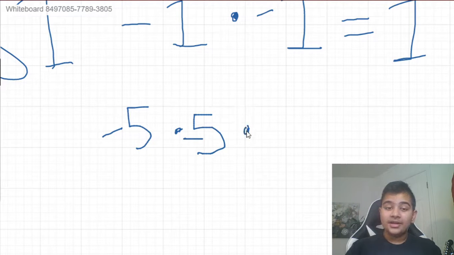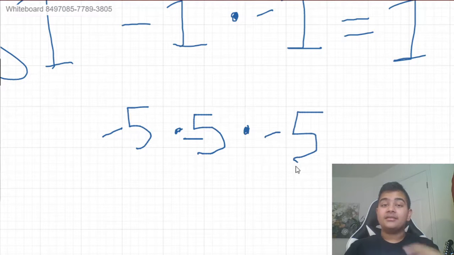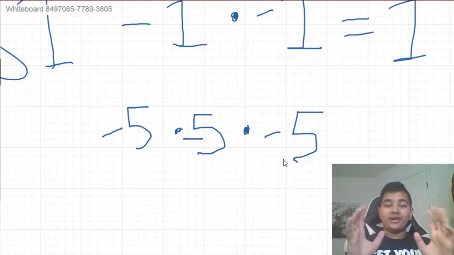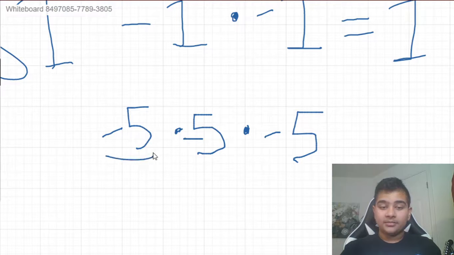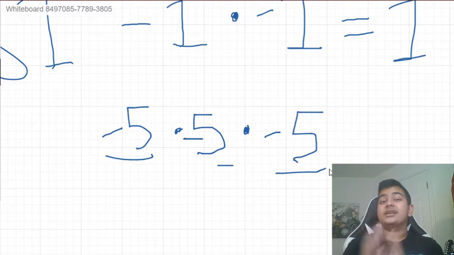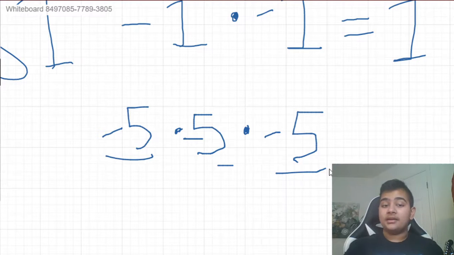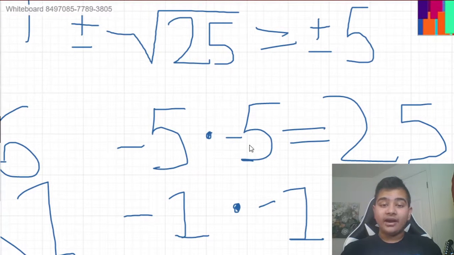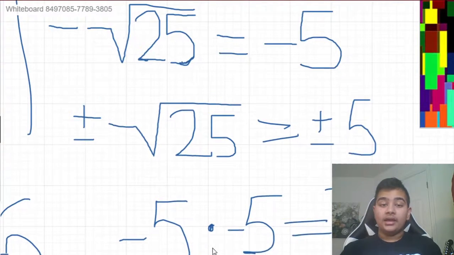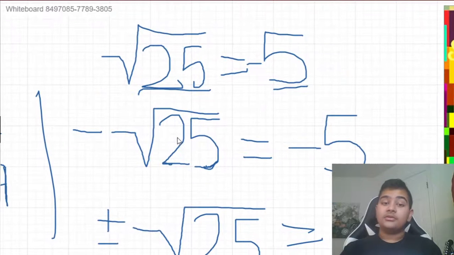But if you multiply it again by -5, the number is going to be negative. So if it's an odd number of negatives being multiplied, it results in a negative. And if it's even, it becomes a positive. So that's why both -5 and 5 are answers to the square root of 25.